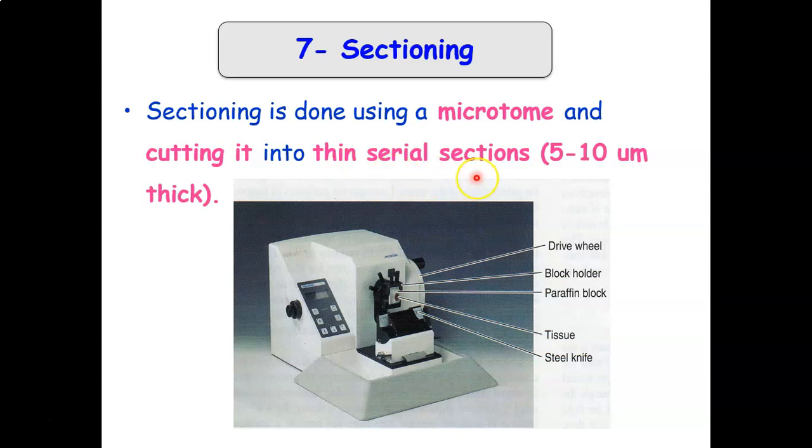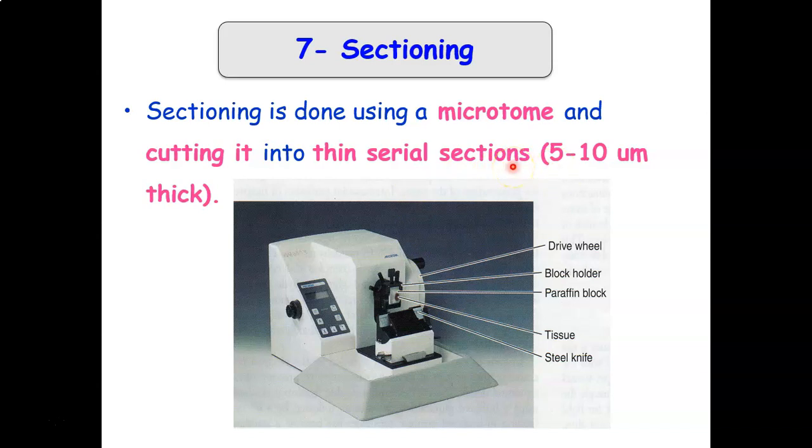Thin serial sections. What I'm going to cut here is the block which I prepared from the previous steps. The block is formed of wax, paraffin and tissue, hard tissue. I'm going to cut the tissue into very thin sections.